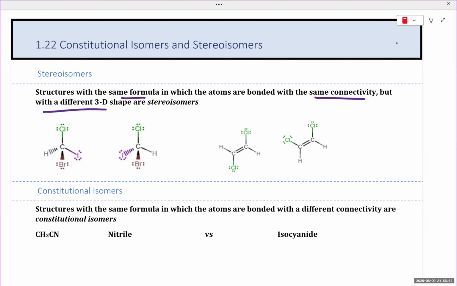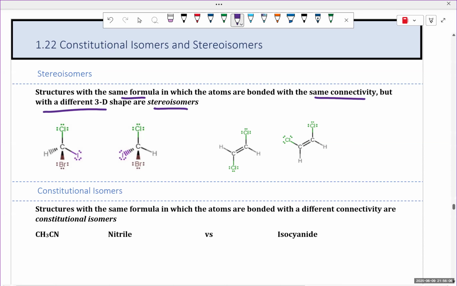So structures with the same connectivity, same formula, but a different three-dimensional shape are known as stereoisomers. There are a few examples of stereoisomers.